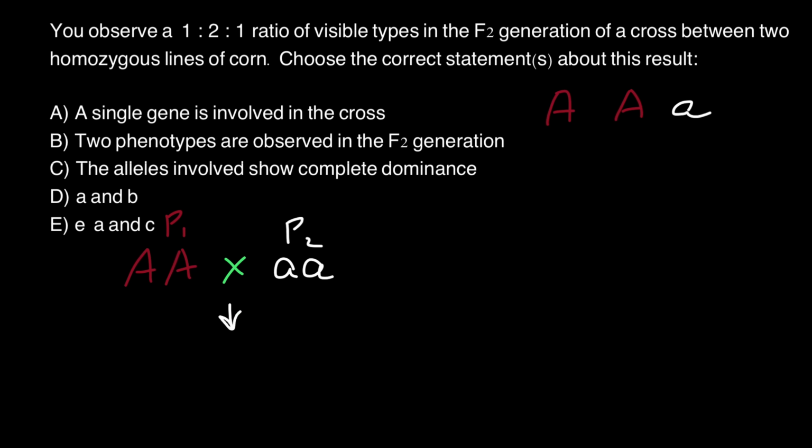So what do we expect in the F1 generation? We expect that all the progeny is going to be uniform, capital A and small a. But if this is not simple dominance, but incomplete dominance, the phenotype of this genotype is going to be different from parent 1. Take a look.